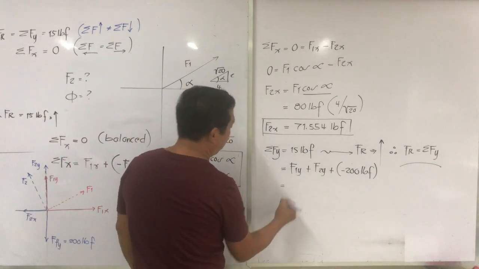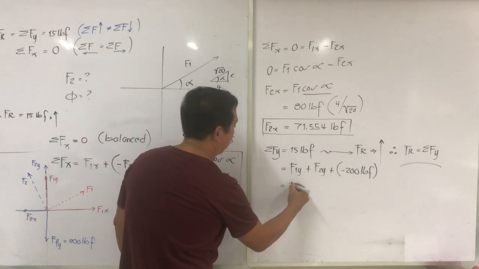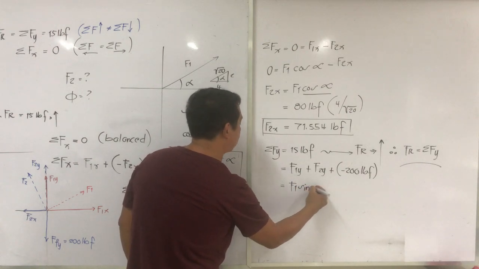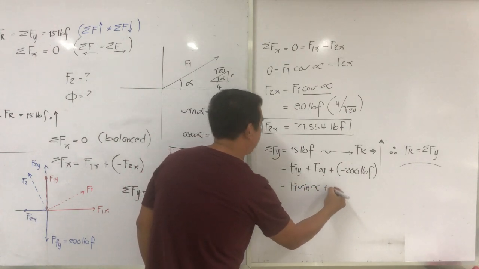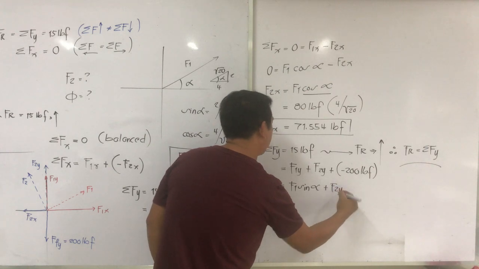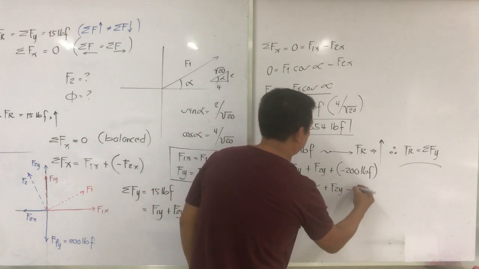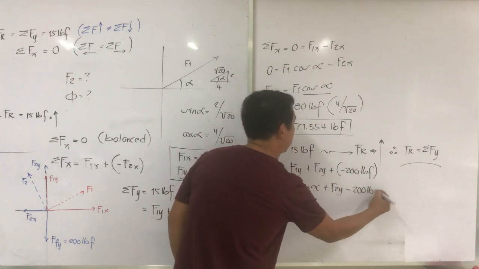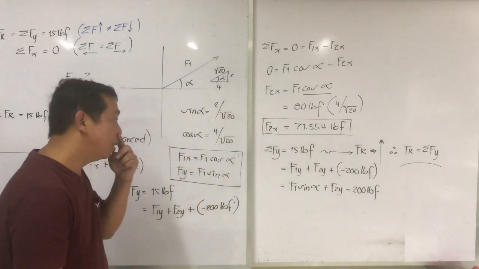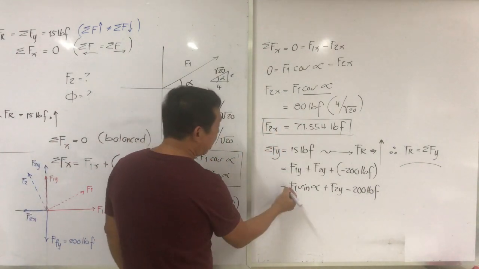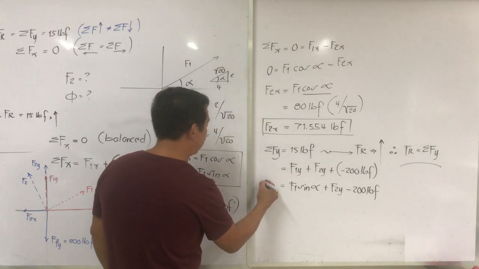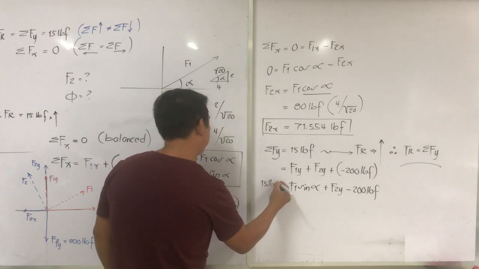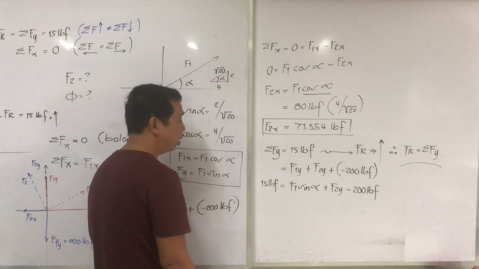Ano ba yung ating F1y? Ang ating F1y ay F1 times the sine function of alpha plus your F2y minus 200 pound force. Now, i-equate na natin itong expression na to sa mismong 15 pounds.